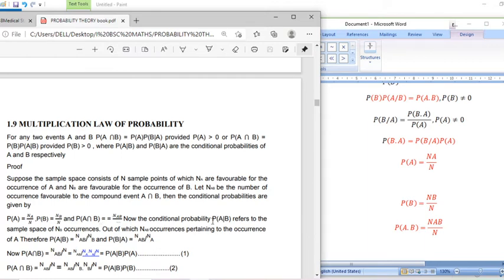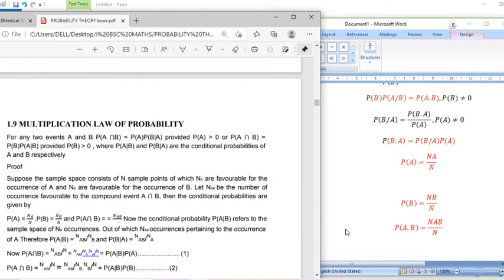Now, you know probability of A given B, that is the conditional probability of A given B. That means given that NB observations have occurred, corresponding to event B there are NB observations. So given that NB occurrences have already happened corresponding to the event B, what will be the probability of A given B?